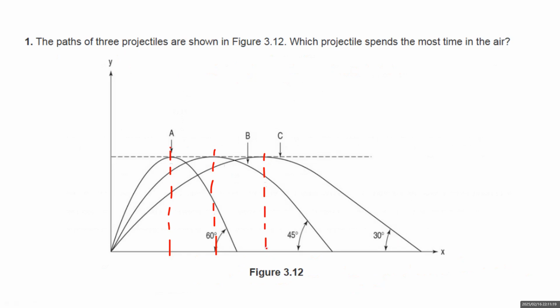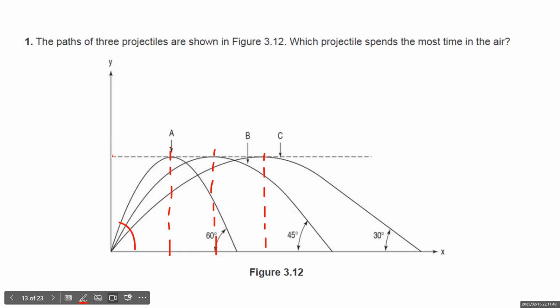Substitute a linear for a quadratic, you get a quadratic. This is a symmetry. These all have a symmetry. It's going to take as much time to go to the top as it does to go to the bottom. These angles are going to be the same. This angle is going to be 60 degrees like this one, 45 degrees here, and 30 degrees.